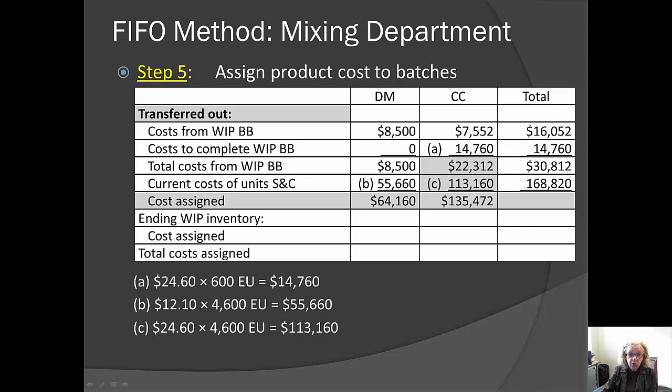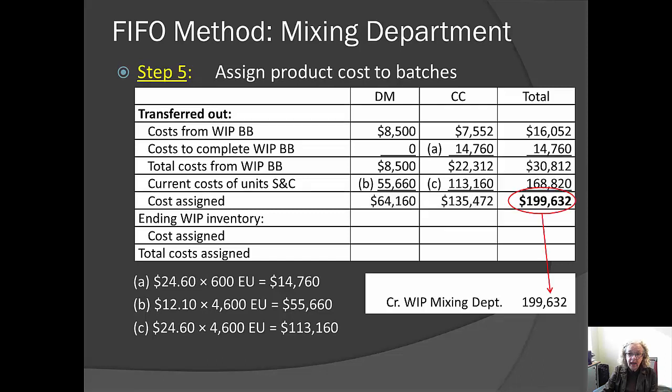All of the conversion costs in the units that were in work in process at the beginning of the period, and all of the new conversion costs added to the units that we started and completed during the period. And we can add these up in total. That is the dollar value of the units that were transferred out.